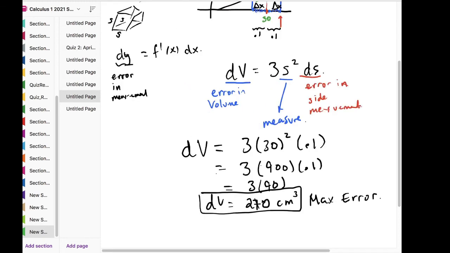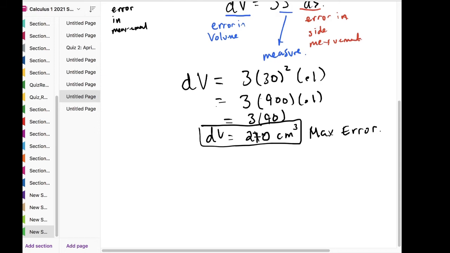Okay, so you might think that 270 is big. To make the error sound a little bit better for measurement, you can use different types of measure for error. One is relative error. The max error just means how far off you possibly are from the actual measure.